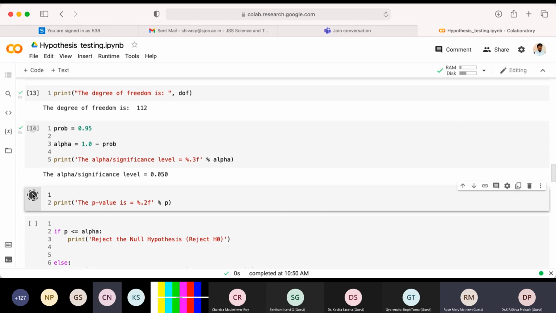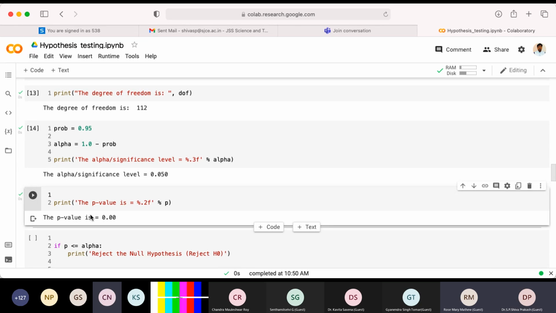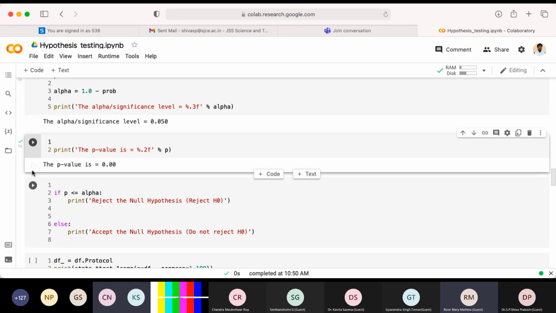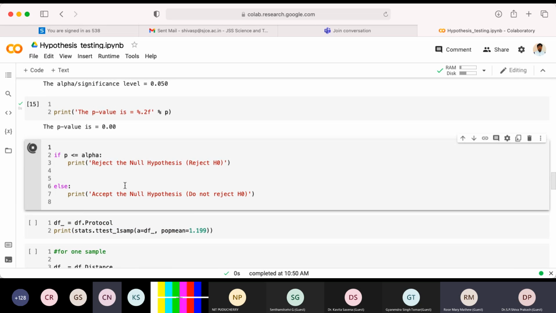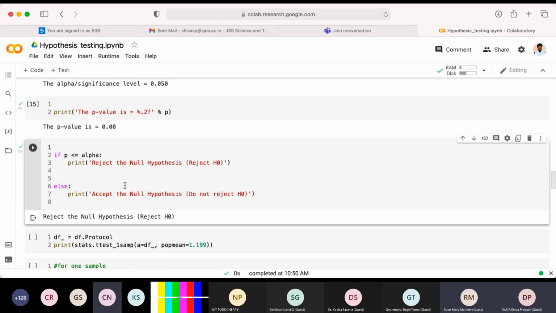So this helps find whether to reject or accept the null hypothesis. In this case, we try to reject the null hypothesis based on the H0 value.